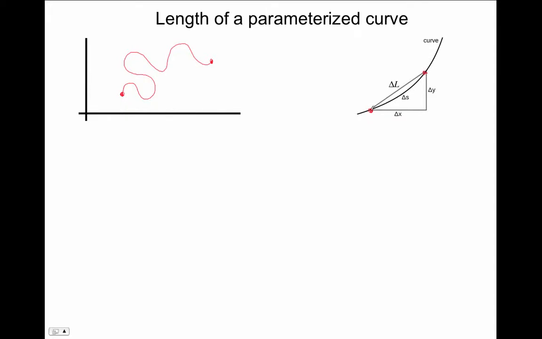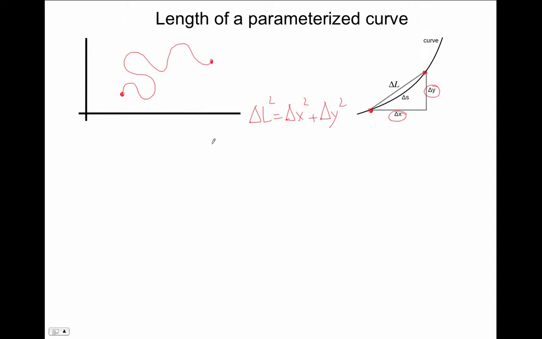It took delta t time to go from here to here. We could have walked delta x in the x direction, delta y in the y direction, and for delta L, that makes delta L squared equal to delta x squared plus delta y squared.